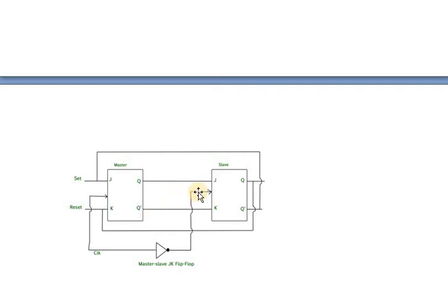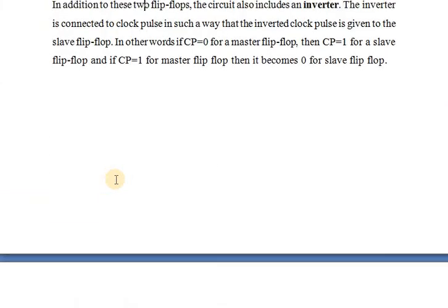That is, Q as input to the J, and Q complement is input to the K. A clock is connected to the master, and an inverter is connected between the master and the slave, and the inverted clock is given as an input to the slave flip flop. So the output of the Q complement is given again to the set, that is the input to the J flip flop. Okay, that is what they said in this paragraph.